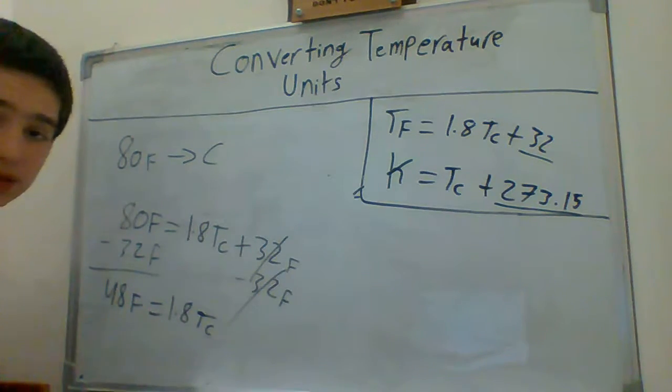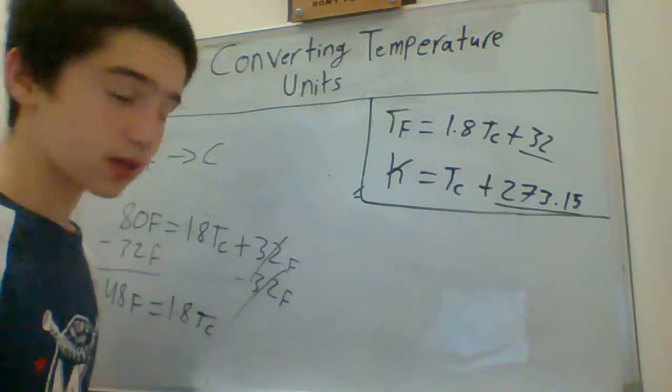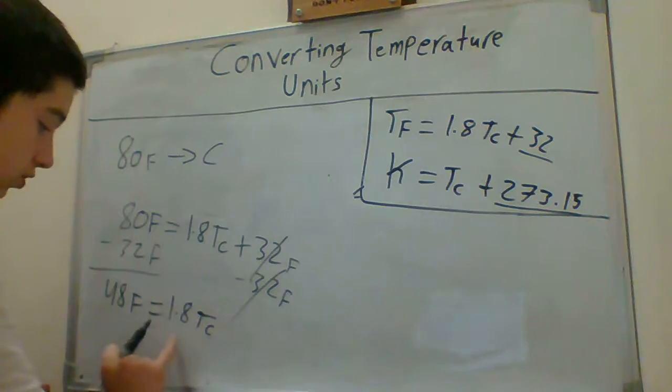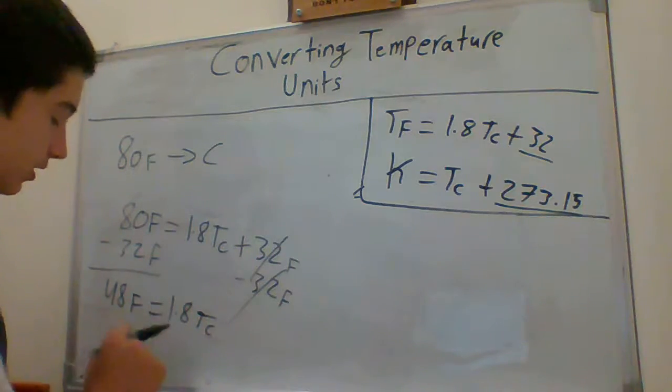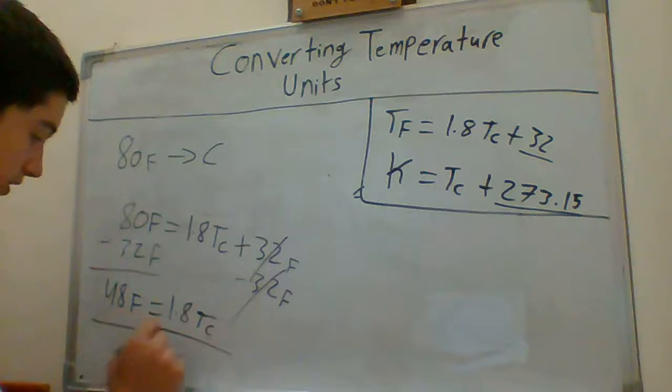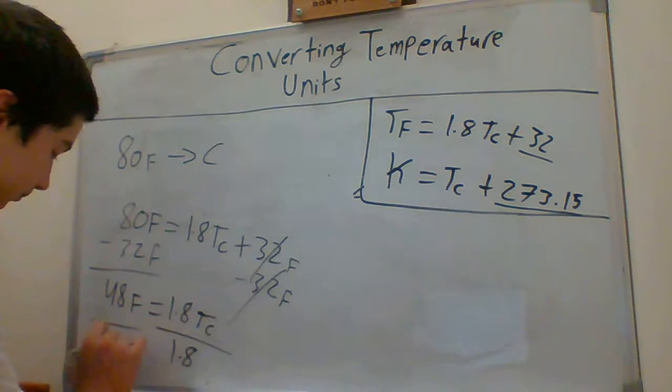So how can we get the number of Celsius from the number of Fahrenheit, where 48 Fahrenheit equals 1.8 TC, equals Celsius? We're going to do the math. We'll divide by 1.8 on both sides.